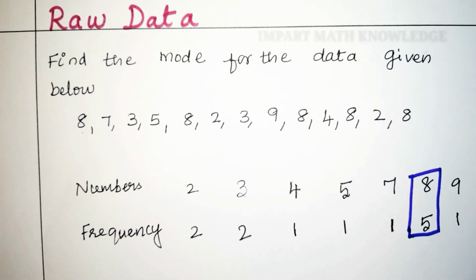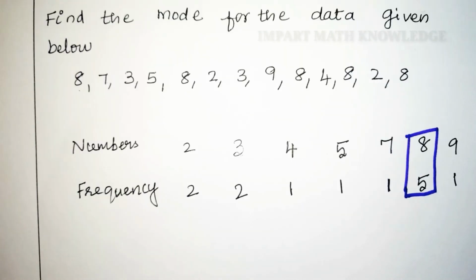In the given data, 8 is repeated 5 times. Mode is the value which occurs more often. Here mode is equal to 8.